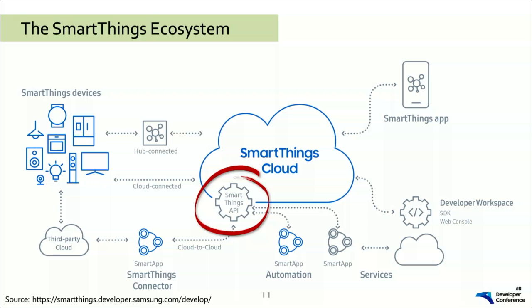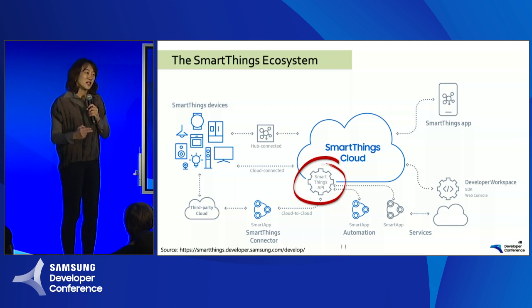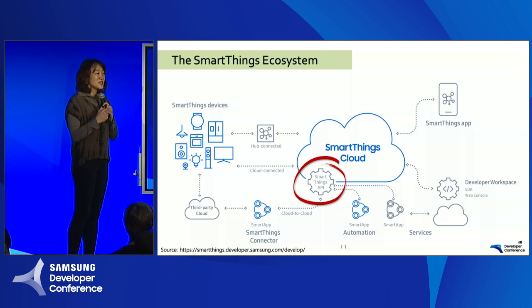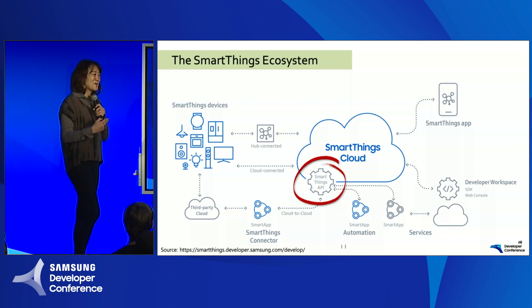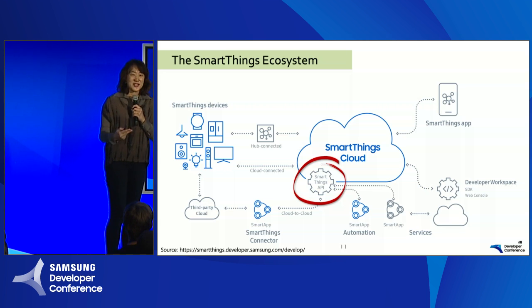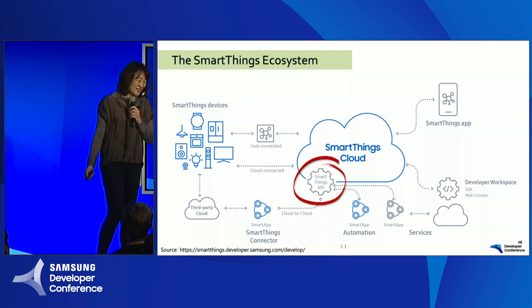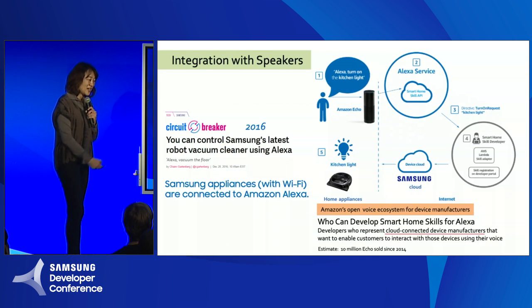Another thing is that we have an API that allows other people to connect from different clouds. So if you already have your own cloud set up, or some other service you want to connect, such as a service where you have some kind of subscriptions, it allows all the appliances to control those things or do some other fun things with it, right? So you can use this API and connect it.